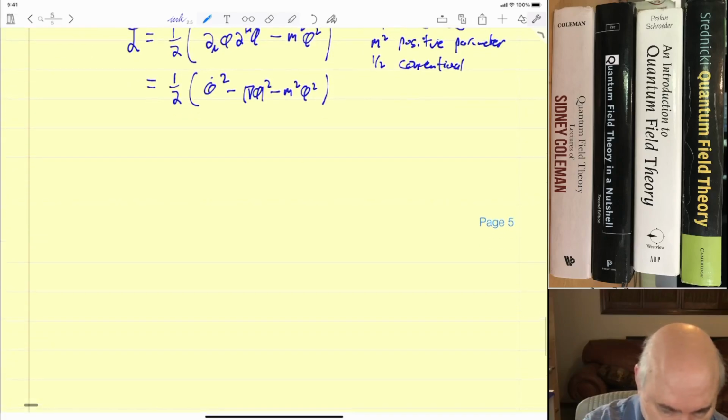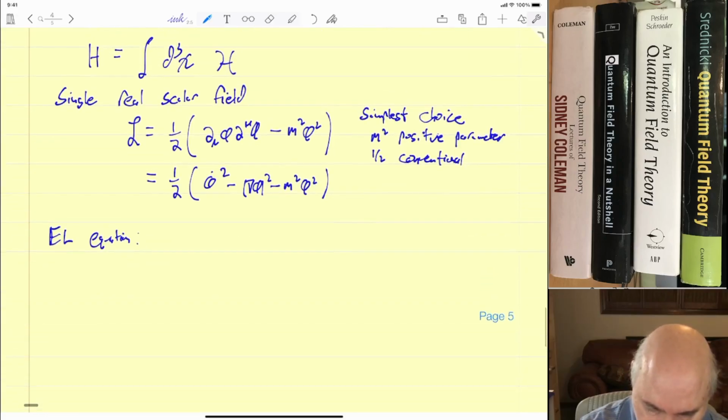So to get the Euler-Lagrange equations of motion, we take the partial of L with respect to phi, which is equal to minus m squared phi. And then we take the minus the partial of mu. Let's look over here.